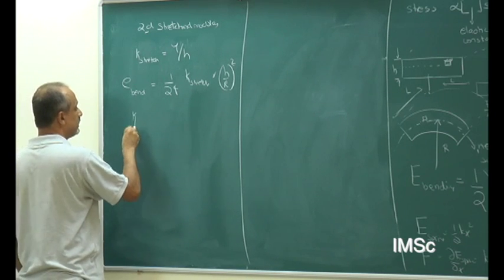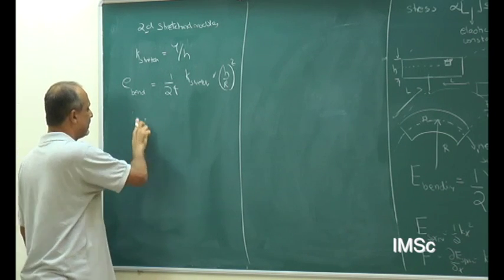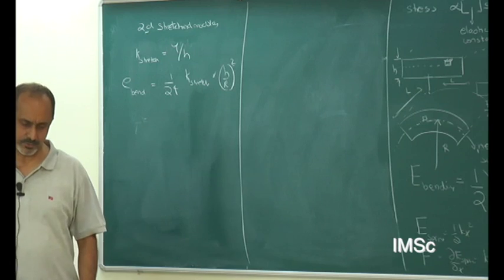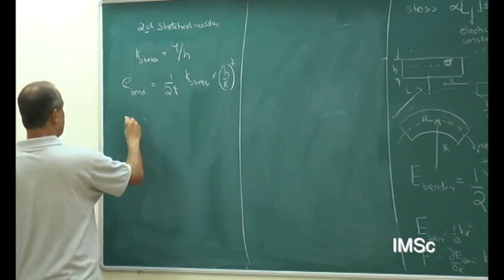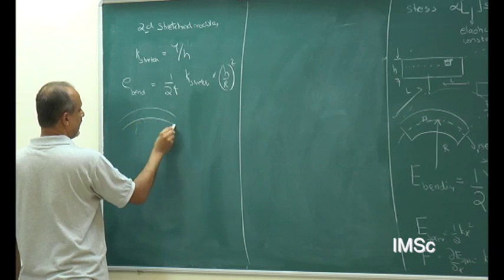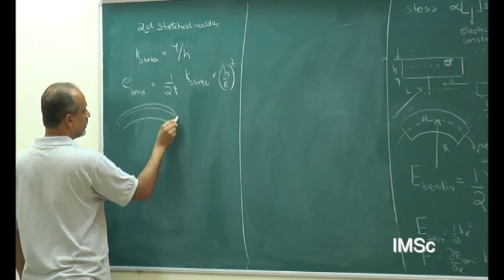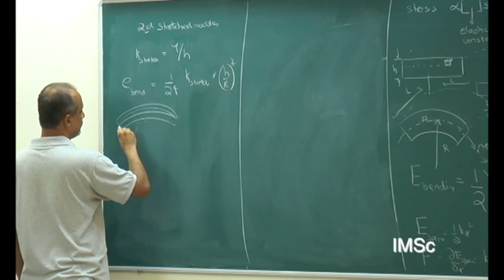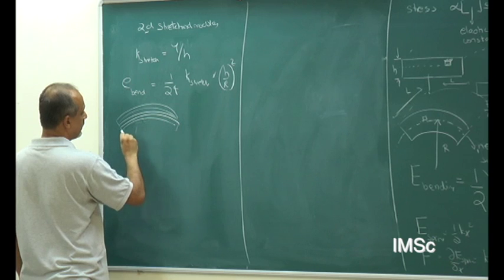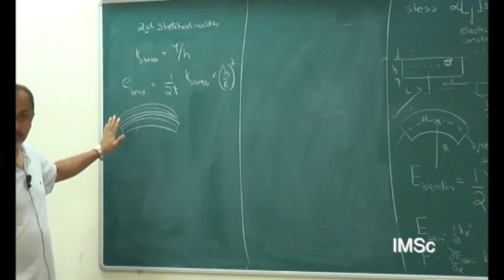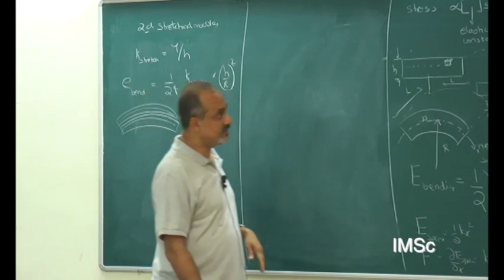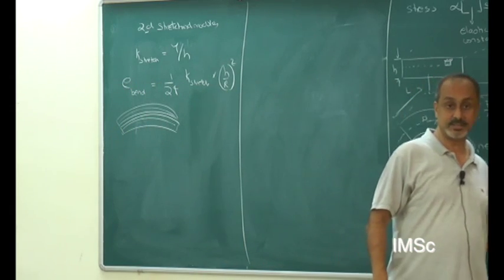If I define kappa, okay, I will probably use kappa later, so let me not deal with that for the moment. Just notice that if I have two sheets here, I didn't really worry about the fact that I was always bending a bilayer. If I have one monolayer at the top and one at the bottom, I'm bending both of them. The same sorts of arguments apply. It's just that the energy becomes twice this energy.